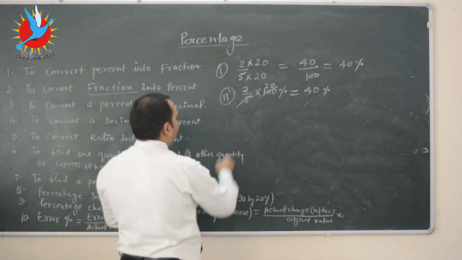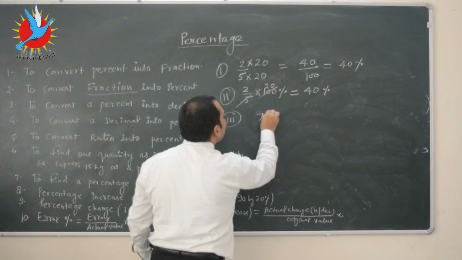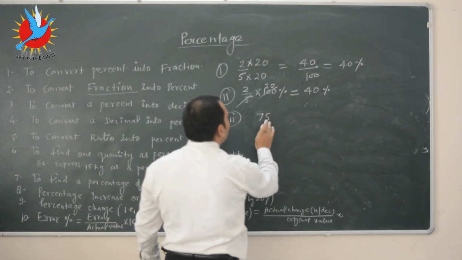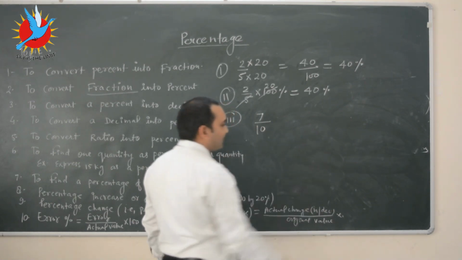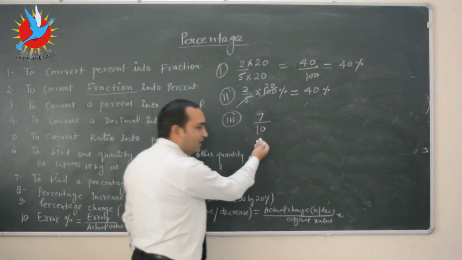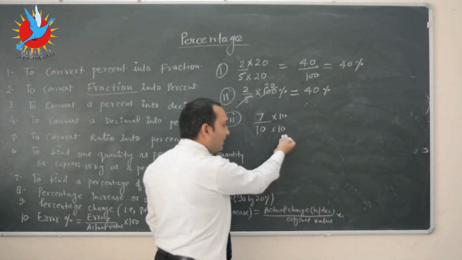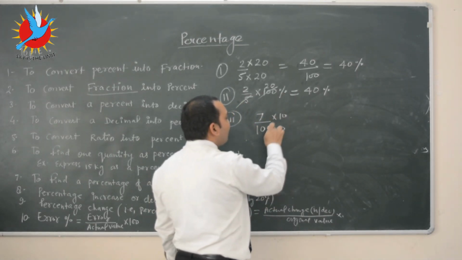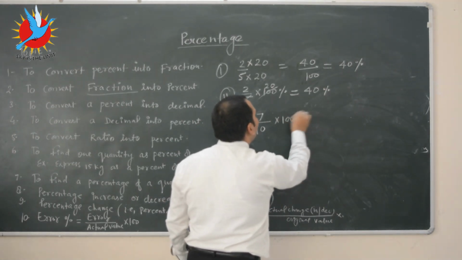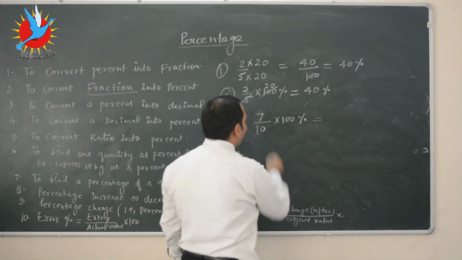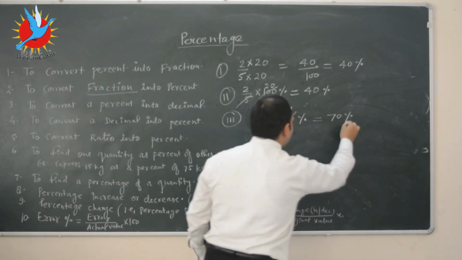Next, now convert 7 upon 10 into percent. So either we multiply by 10 to make the denominator 100, so it will be 70 out of 100, that is 70%, or we just multiply by 100%, which is equal to 10 tens are 100, here also 70%.